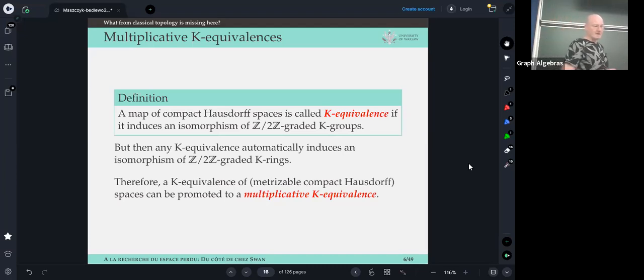Therefore, these K equivalences of metrizable compact Hausdorff spaces can be promoted to multiplicative K equivalences.